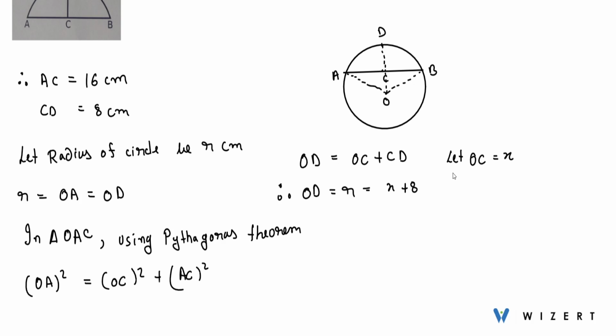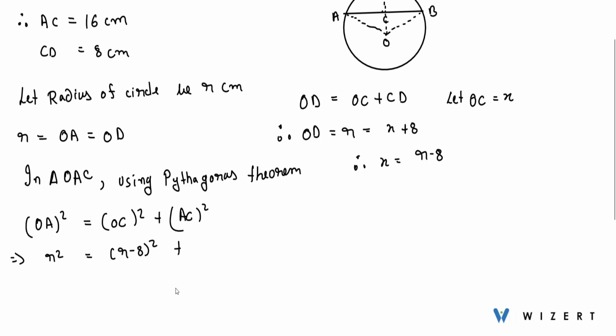Now what is OC? OC is X, and we can write X equals R minus 8. Therefore X will be equal to R minus 8. And what is OA? OA is nothing but the radius of the circle, which is R. So R square will be equal to OC square, that is R minus 8 whole square, plus AC square, which is 16, so 16 square.